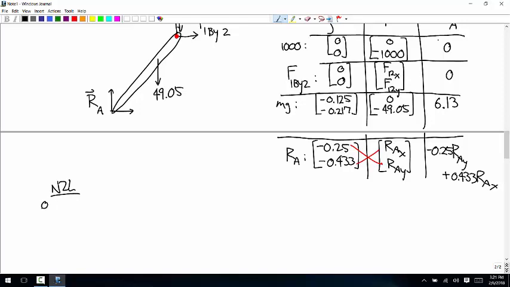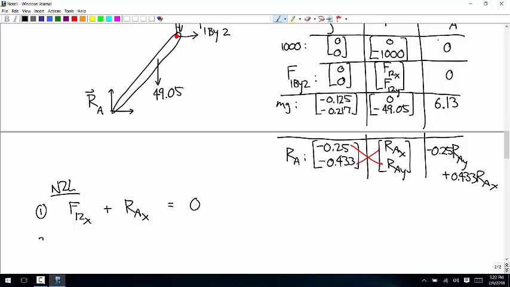Newton's second law says 0, negative 1,000. Well, let me do it as two separate equations. If you add up all the x components, the first components of these vectors, it says f12x plus RAX is equal to 0.